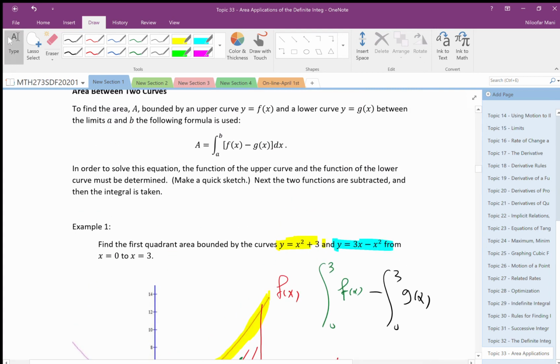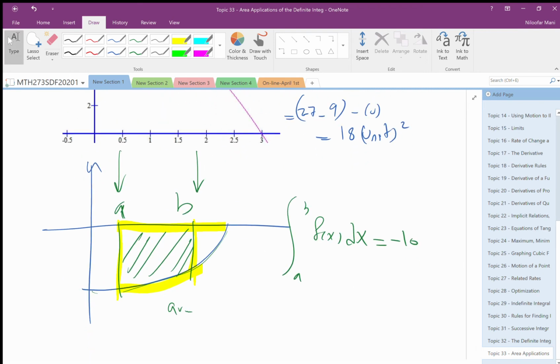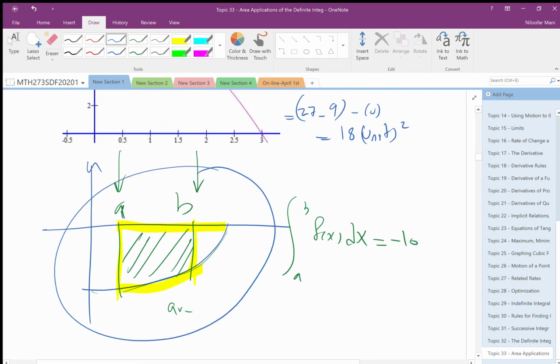See here, I told you, for this one, when I find the answer, for sure it will be negative because the function is negative. But when I want to write the sentence, I have to say the area is 10 units squared. Done. You don't need to be worried, because you know area must be positive.